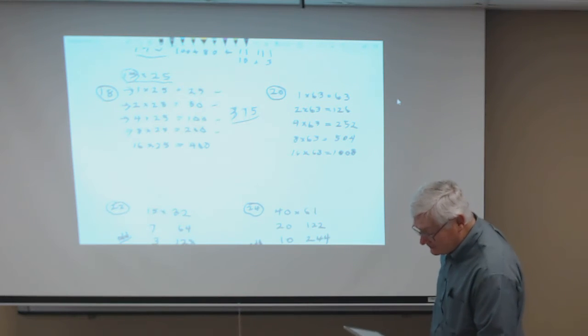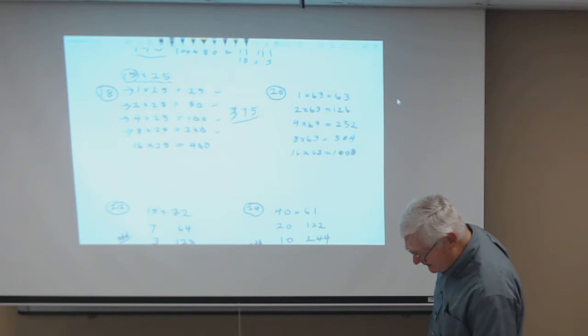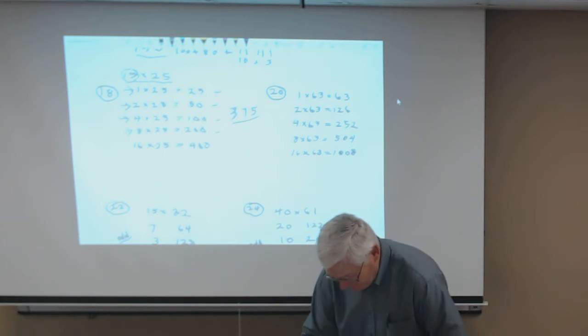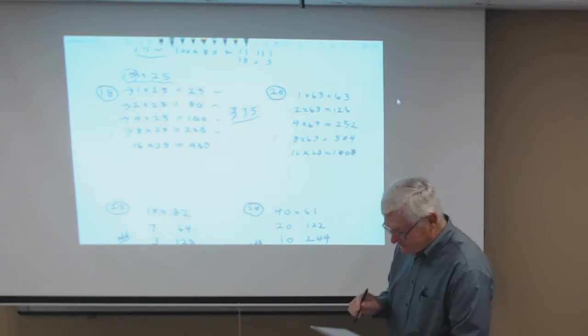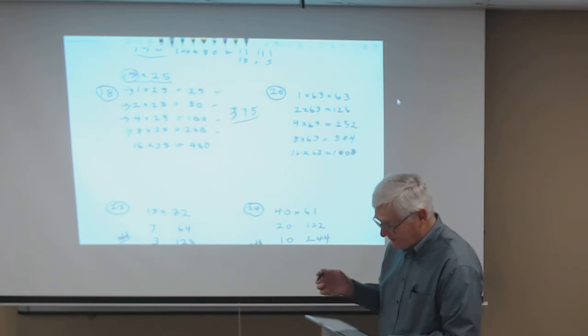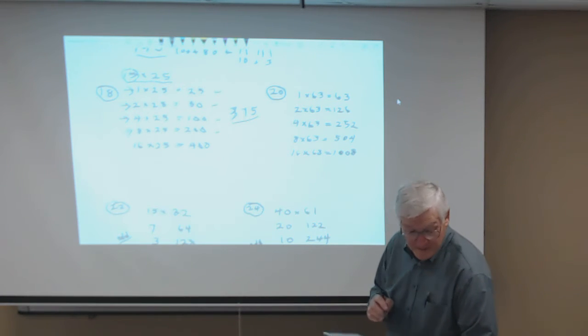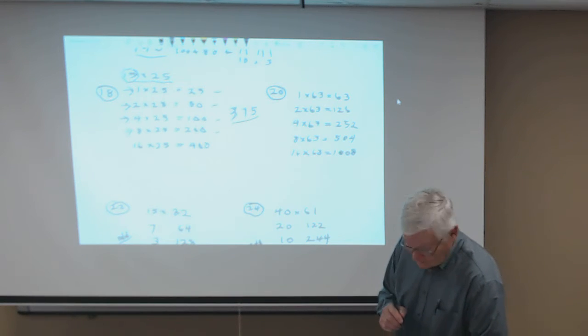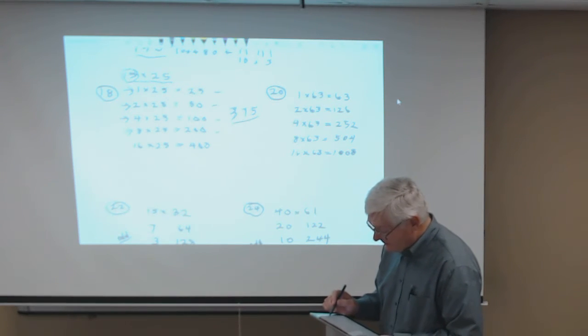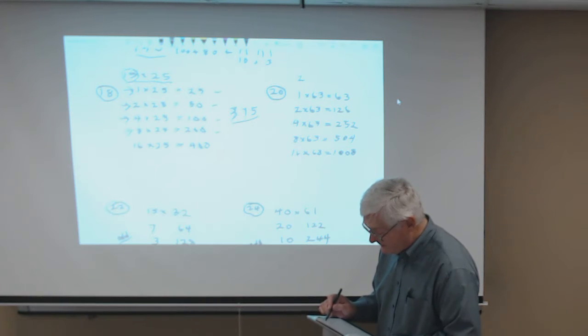And the reason you want to have this process down is because when it comes test time over this chapter, they're not going to necessarily ask you for the answer. They're going to ask you to identify one of the steps or something like that. Number 20 says, where'd it go? 21 times 63. So this one is 21 times 63.